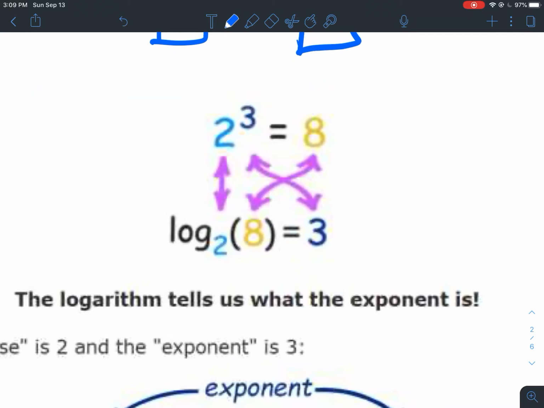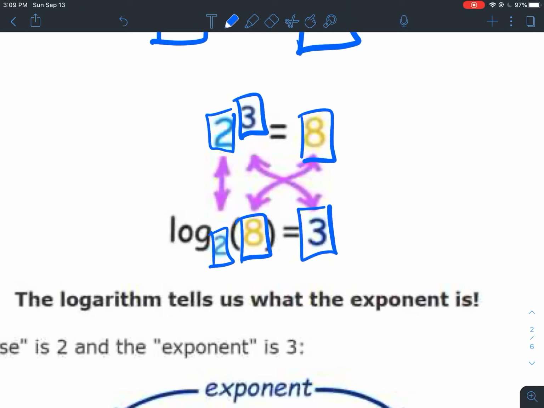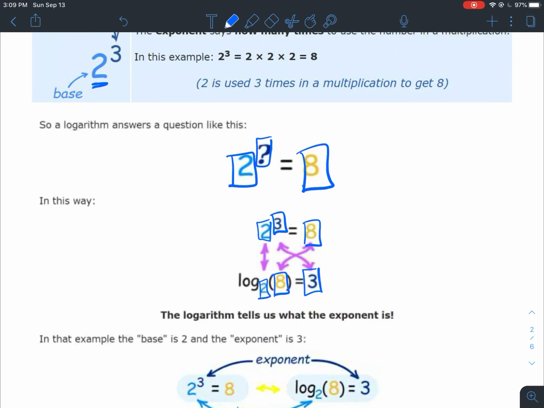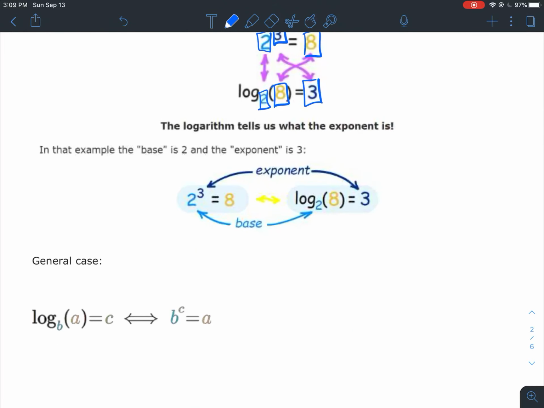If we look here, I looked at this and felt a little bit overwhelmed, but all this is showing is how you go from writing an exponent to writing a log. The base is the same. Then inside the log, you put the number you're trying to get to, and that's going to equal the power, or how many times you're multiplying.